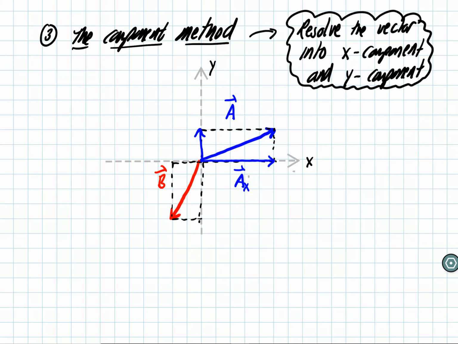And then on the y-axis, we're going to call that A subscript y. And it turns out vector A can be represented as the sum of these two components. So we'll say vector A consists of the x component of vector A plus the y component of vector A.